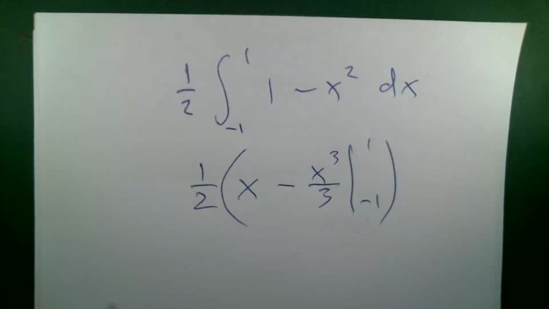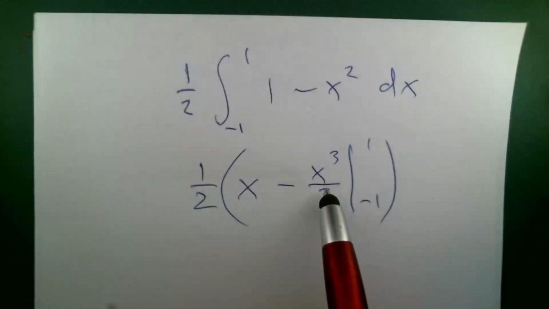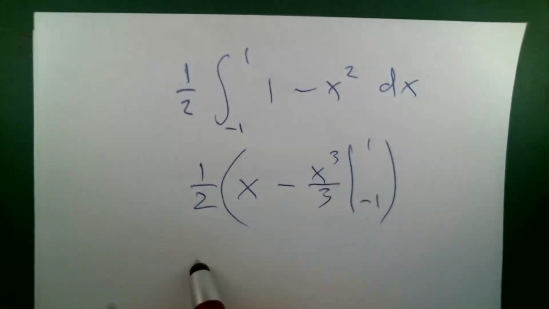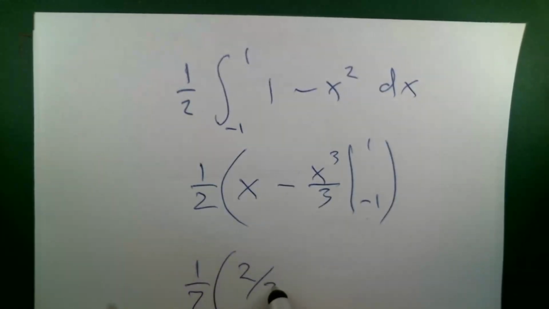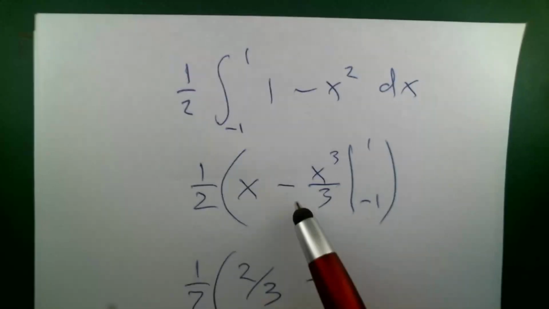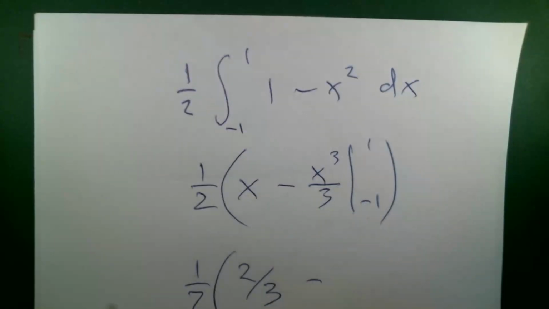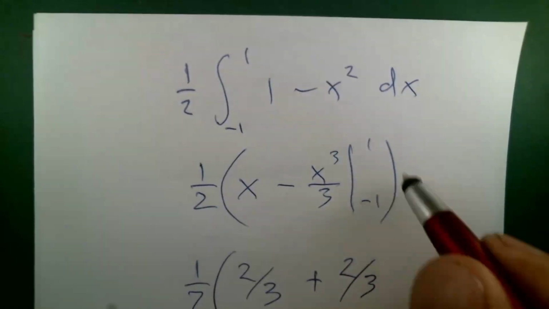All right, so upper limit, we get 1 minus 1/3, that's 2/3. Lower limit, that's tougher to get, -1 minus -1/3. I think that's negative. So it becomes positive 2/3. We're subtracting a negative number, yeah.